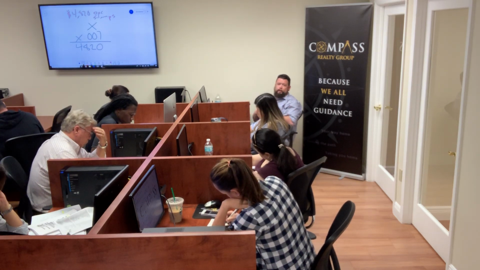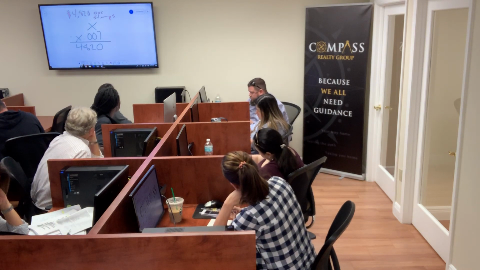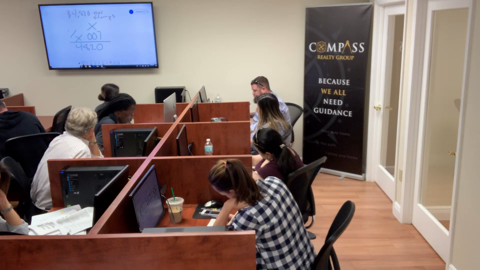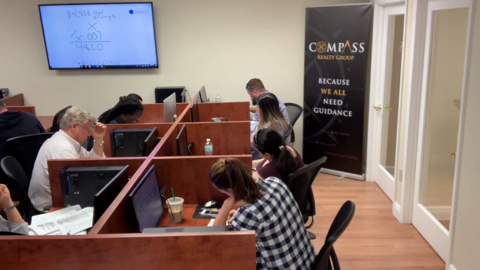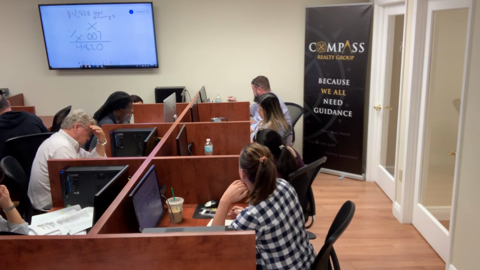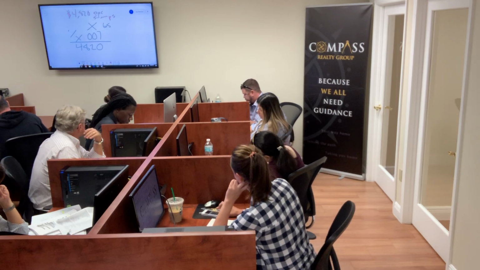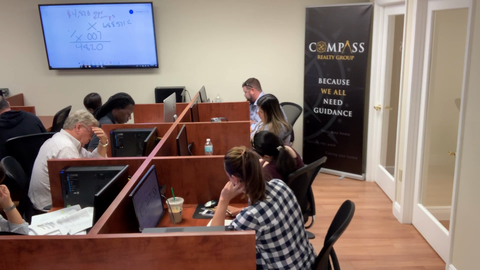How do I find X? I'm going up the ladder. I do the opposite. I divide by 0.007, and in this case, the house sold for $688,571.42.